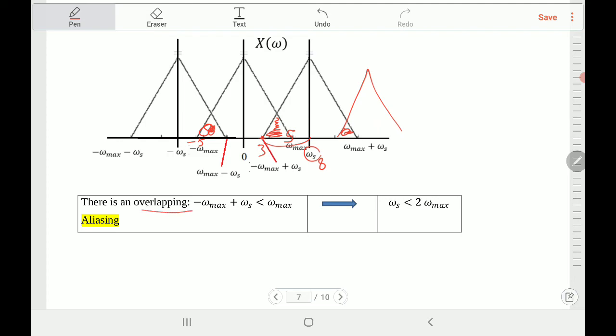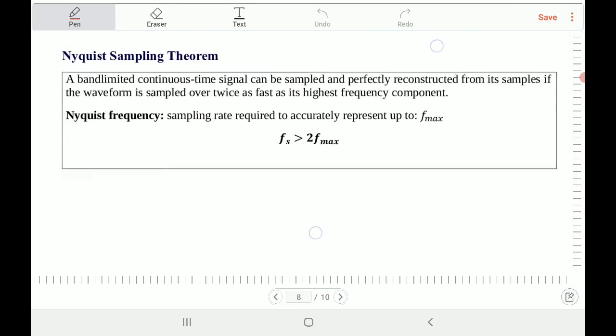So that's really important. So this condition is violated because obviously omega s here, which is 8, is less than double the frequency, because we say this is 5, it means 10. So it will not regain back the shape of the signal. And that's an important theorem about it.